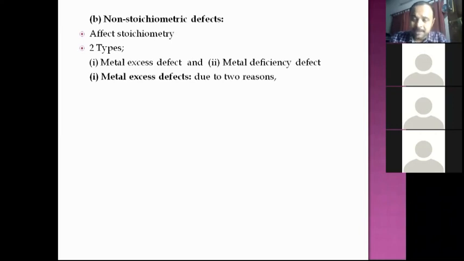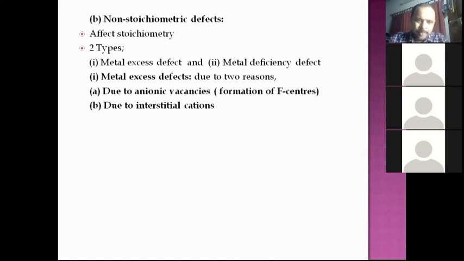Another way is, if two anions are missing, 98 anions, then cations are 100 and anions are 98, so then also metal is in excess. So there are two ways: having excess metal or having fewer anions. It's common sense, right?